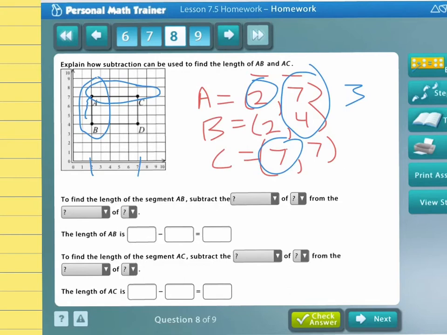So the length of AB would be 7 minus 4, or 3, and the distance of AC would be 7 minus 2, which would be 5. So the answer's here. You subtract the x coordinate of one point from the x coordinate of the other point.